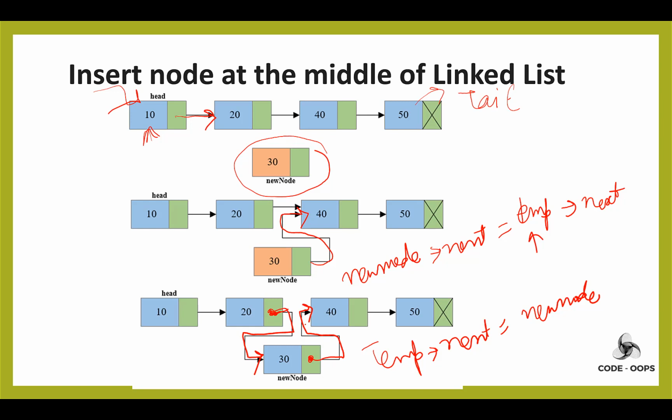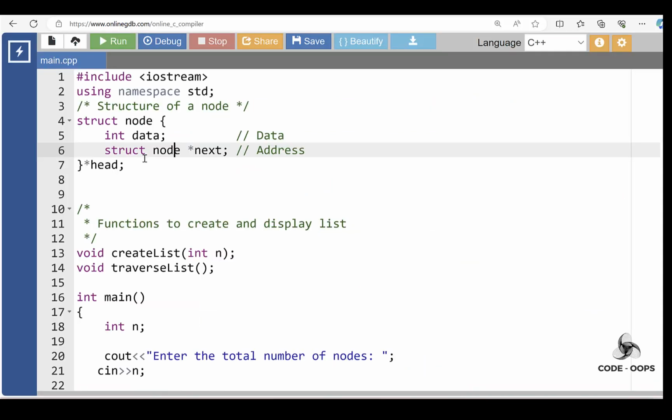Let's see the program to insert a node at the middle of a linked list. First, how to create a linked list. The first step of creating a linked list of n nodes starts from defining the node structure. Every node has two parts.